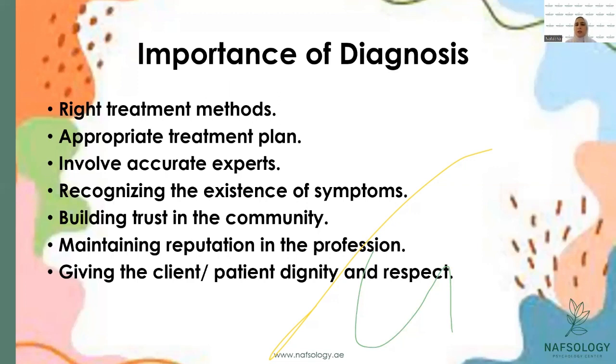You have to change your language, what kind of words you can use and what you can't use, because the language that you use with a client who has OCD and someone who has depression is going to be very different, because the information that you give them is going to immediately trigger their disorder even further. So if you don't diagnose correctly, then you don't use the right treatment methods and you don't use the right language as well.